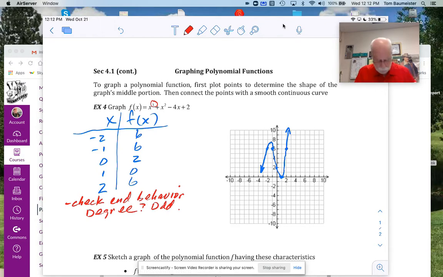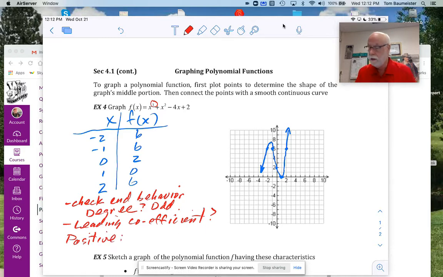And what is our leading coefficient? Well, on that one, you should be able to tell me it's positive. So does it follow what we learned yesterday?